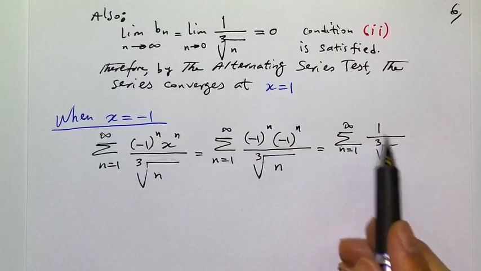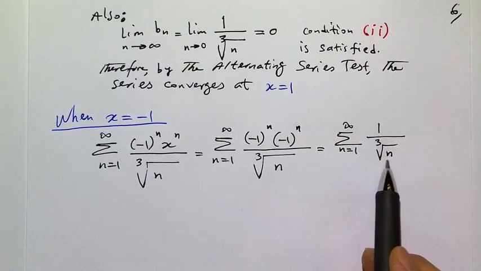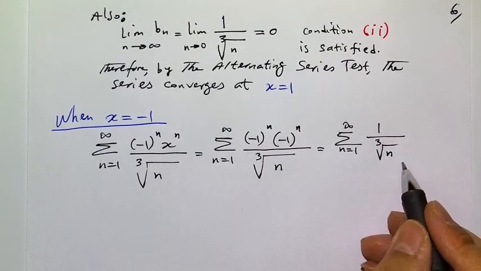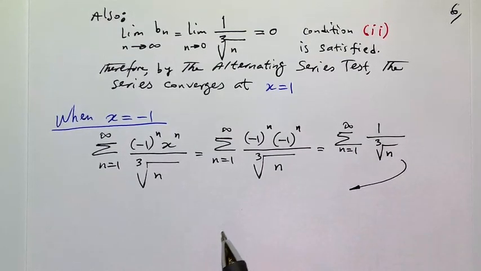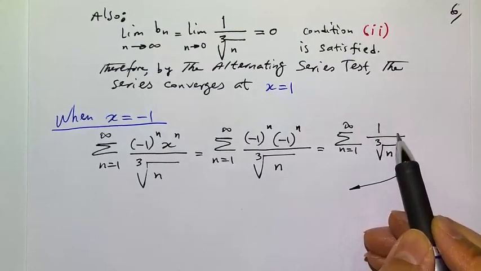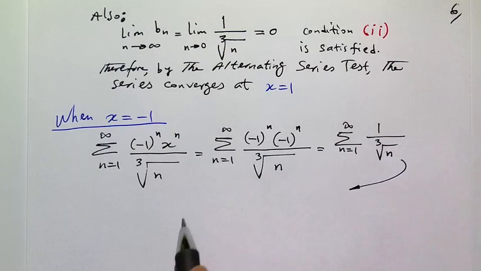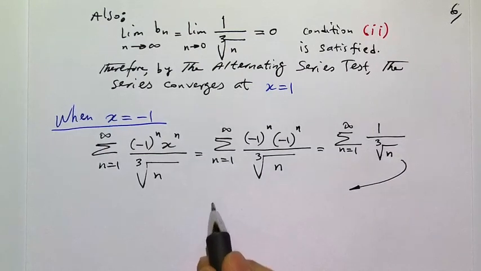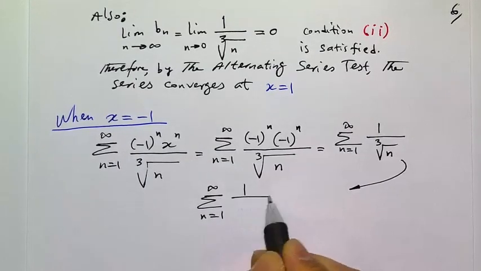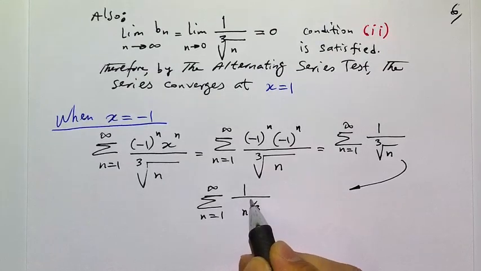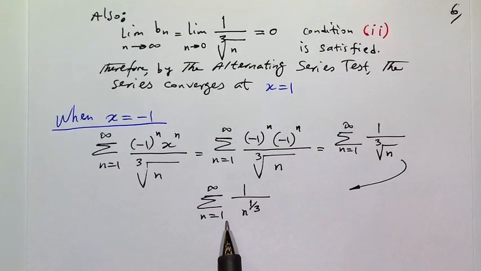Do you remember what kind of a series this is? Let me write that here. This is basically 1 over n to the 1/3 power. If you rewrote the denominator using rational exponents, this would be 1 over n to the 1/3 power. There, it's more obvious this way.